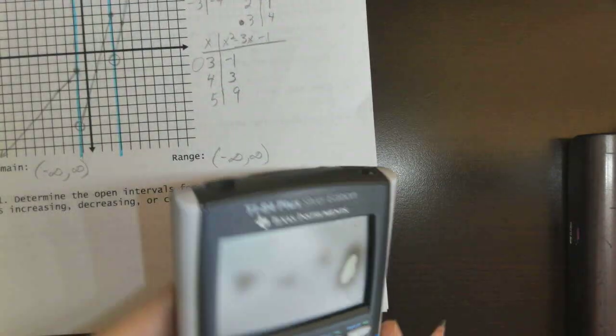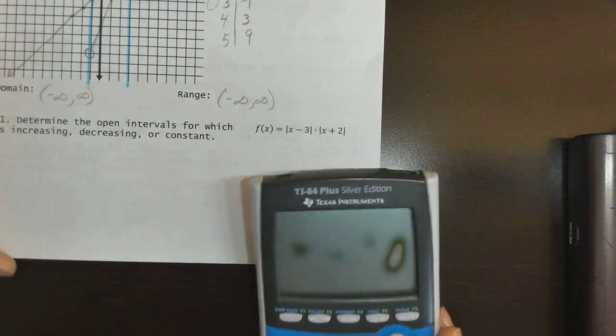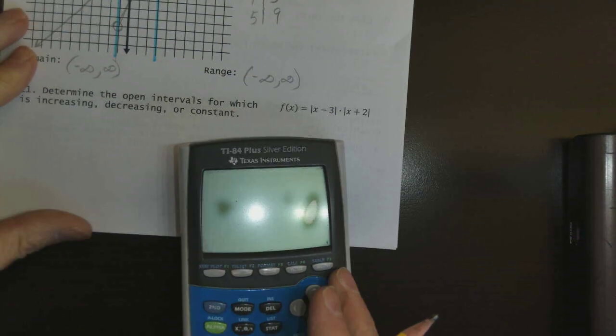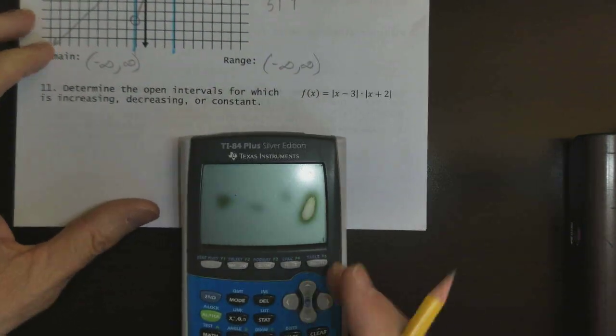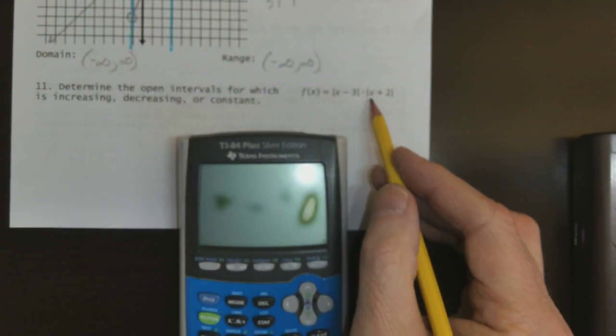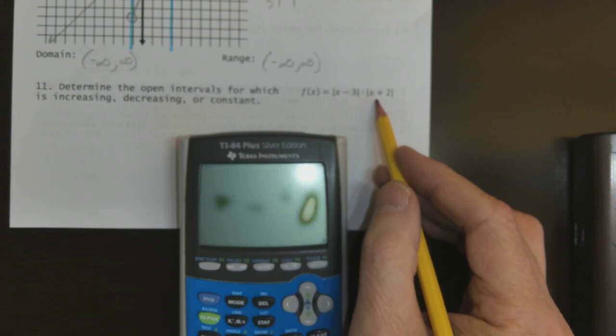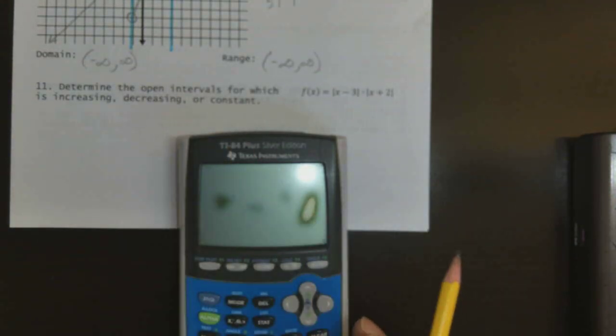All right, number 11. Determine the open intervals for which f of x equals the absolute value of x minus 3 times the absolute value of x plus 2 is increasing, decreasing, or constant. I'm going to clear all these out from old problems.